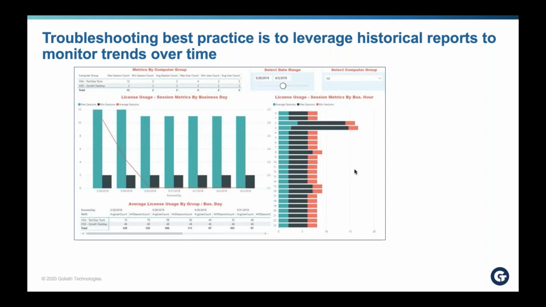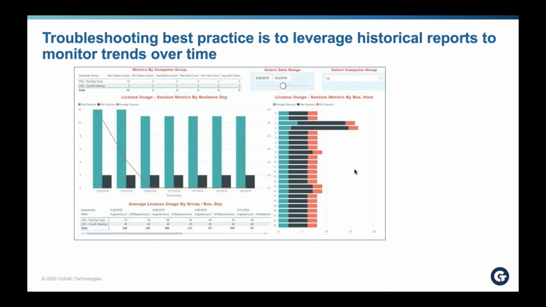When you're upgrading to new hardware or adopting new applications into your environment, this report allows you to see the license usage based on times, delivery groups, and locations. So this allows you to understand, do I need more licenses? Or am I able to support more users in my environment with the licenses that I have?